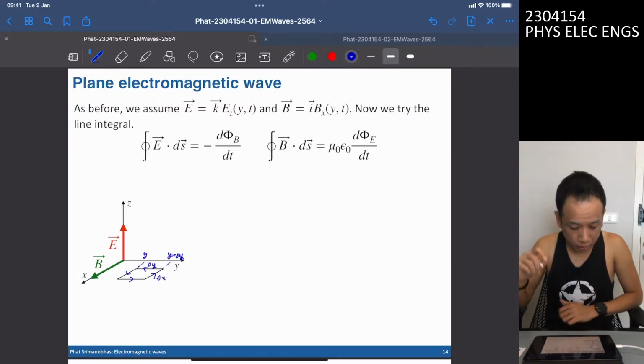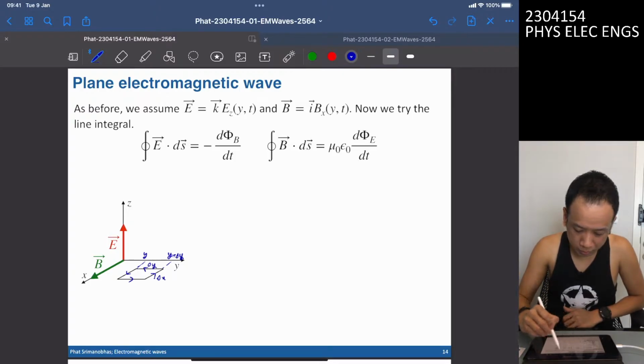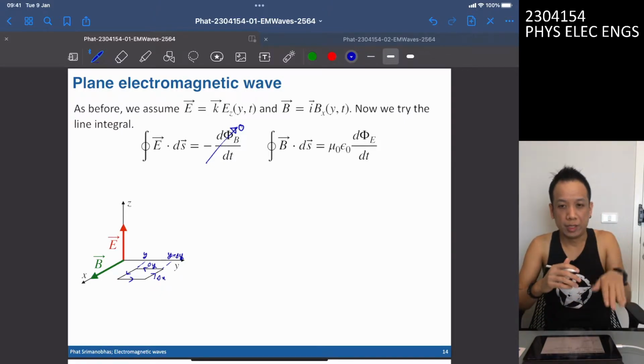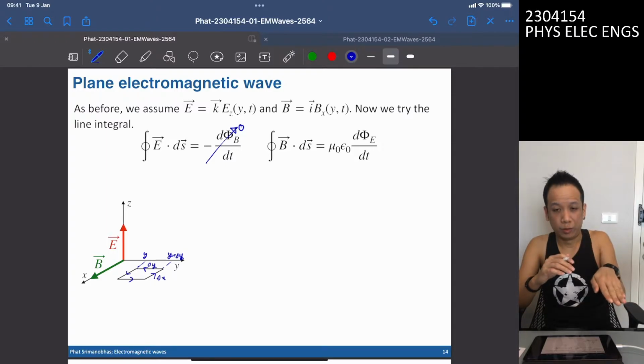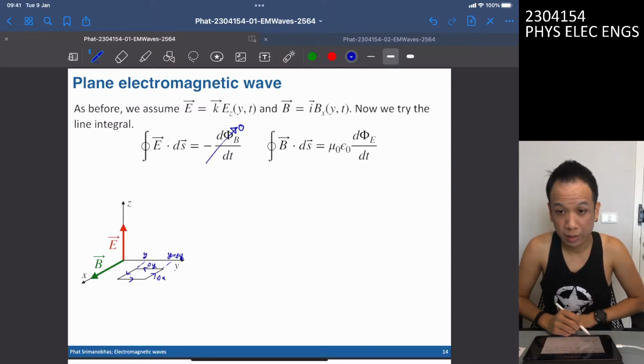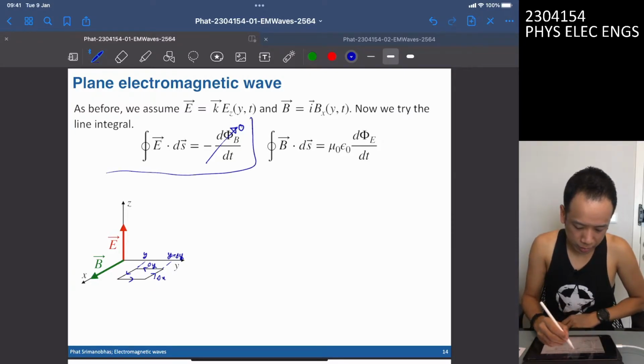So if we check quickly, we see that the change of the flux of B becomes 0, right? Because the B field is in the same direction as the plane, so it's not perpendicular, so there's no flux here. So we don't need to think about that.